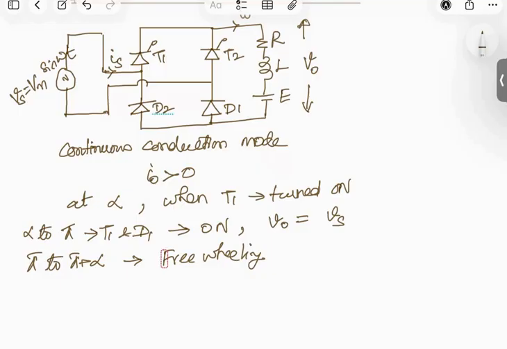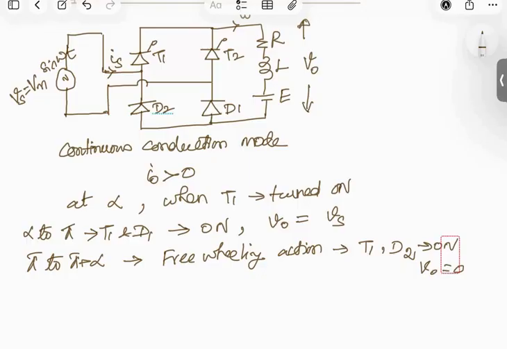So we will have the freewheeling action due to the conduction of T1 along with D2. When these two devices are in on condition, the load will be short circuited. So V0 will be equal to 0.